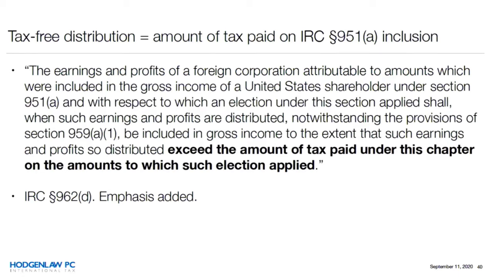So what you're looking for is, oh okay, I had some inclusions of Subpart F income. I had some inclusions of Section 951A, global intangible low-taxed income. I paid some tax on my Form 1040. How much was that? That's the amount of subtraction that I'm going to take from the dividend I received, because that's not taxable, and whatever's left over is going to be taxable dividend to me.